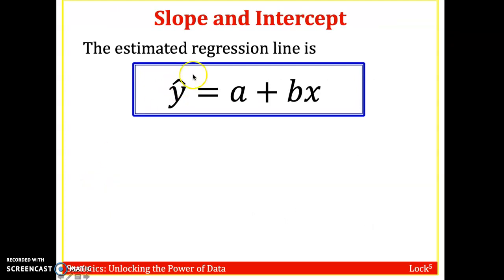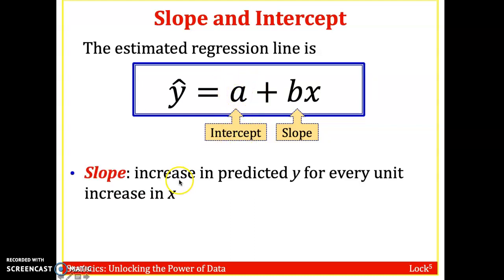All right, so looking at the regression line in a little bit more detail. Here we have the slope. This is going to be the parameter, the number that goes next to your explanatory variable, x. The number all by itself is going to be the intercept, the y-axis intercept.